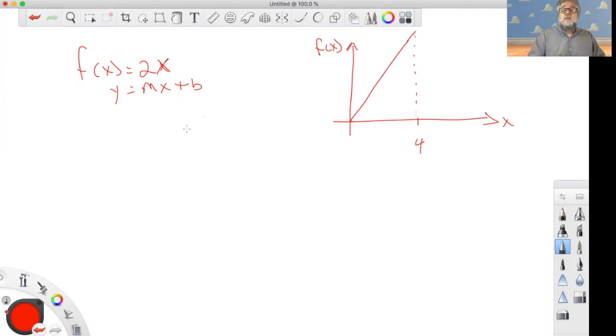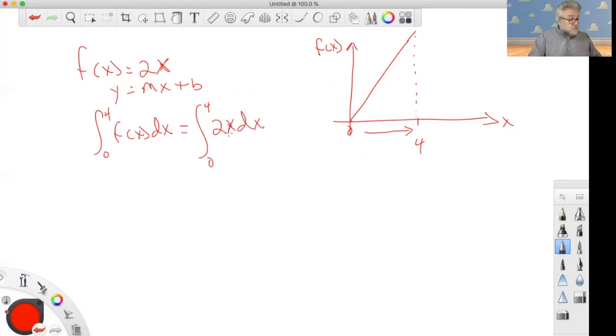The way we would write this mathematically is we would say the area under the curve is equal to the integral. This is the integral sign, of f of x dx, and I'm integrating from 0 all the way to 4. So I'm getting the area under the curve from x equals 0 to x equals 4. In fancy calculus speak, f of x is 2x.